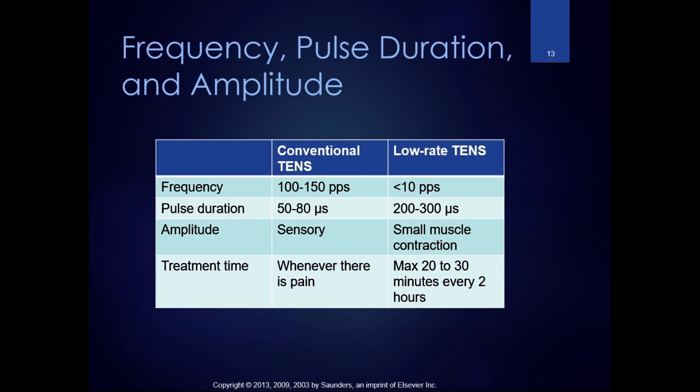So when you look at the pulse duration, just looking at that setting, and looking at the frequency setting, you can tell what our goal is. High frequency, low pulse, we're going for sensory. Excuse me, low frequency, higher pulse duration, we're going for small muscle contractions. So there's your little tip off right there.